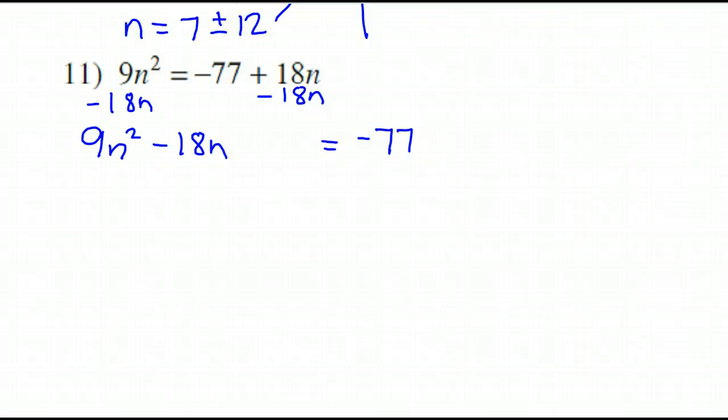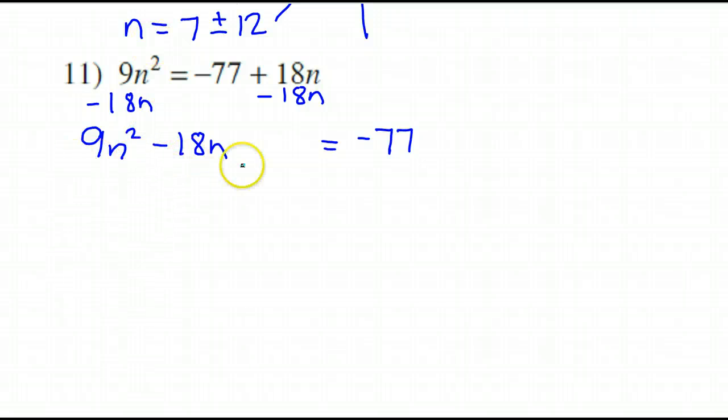Now, focus. We will not do half of the middle squared right now. Half of this is 9, and squared, it would be 81. I'm not going to add 81 to both sides. That would be wrong. We have to get it so it's just n squared.